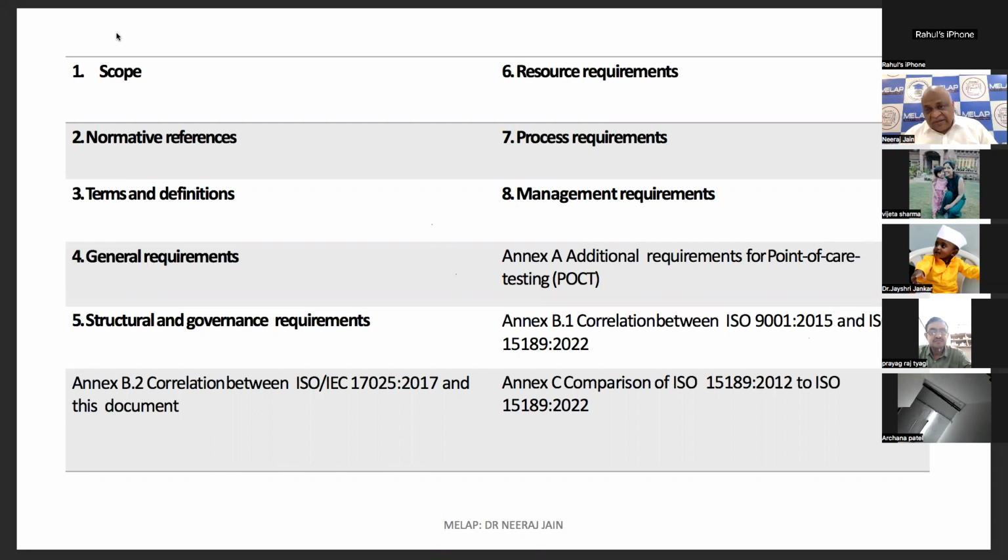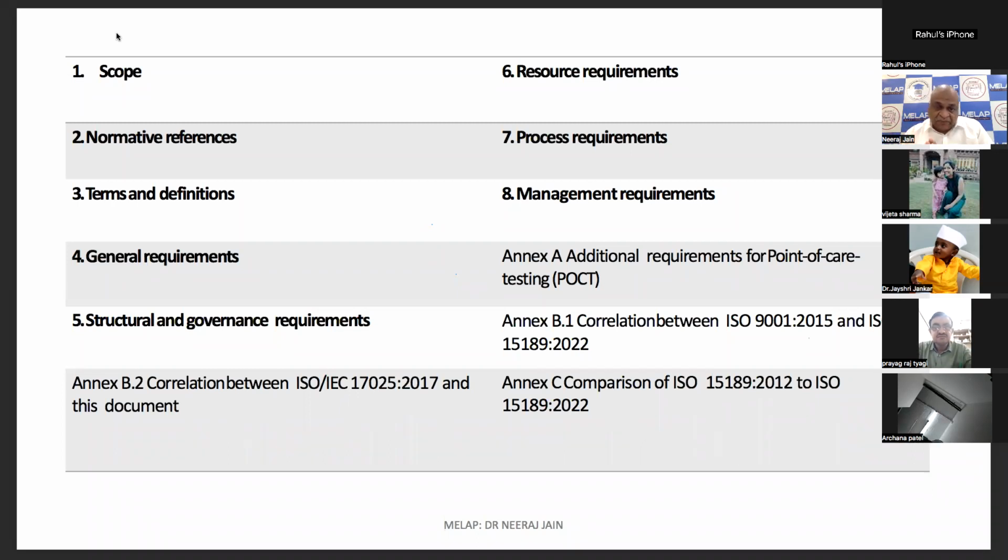Okay, in this standard, it is asked in this particular clause, where it was asked, and what are the things which are asked here but were not asked in the previous standard. What were the things which were asked in the previous standard but not asked in this standard? But first, develop a good understanding of this 2022, because NABL has not yet started applications as per this new standard.